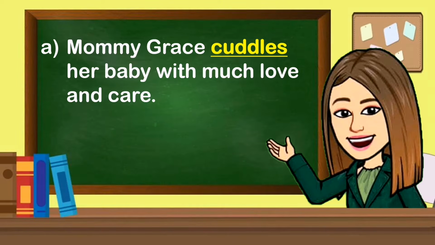Ang sagot ay si Mommy Grace. So, Mommy Grace is the subject in the sentence. So, ilan ang subject sa pangungusap? Isa lang at yun ay si Mommy Grace. So, dahil isa lang ang subject sa pangungusap, to form simple present tense, we add S to the base form of the word cuddle. So, ang cuddle magiging cuddles.